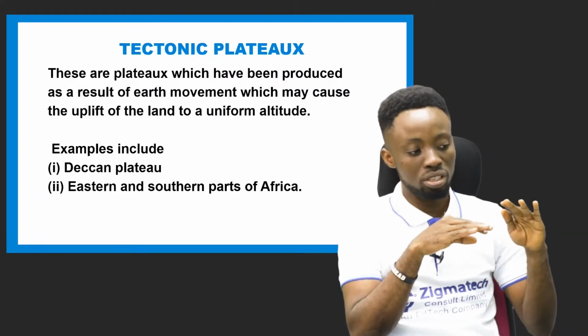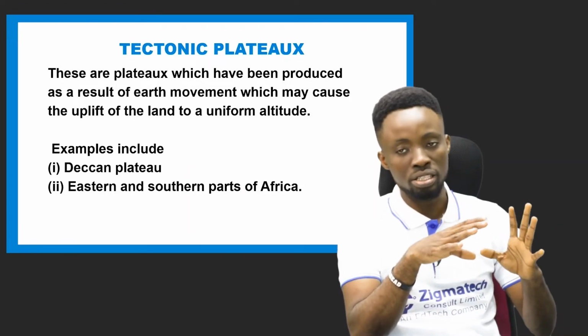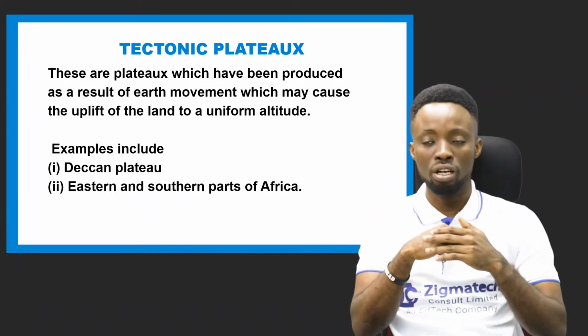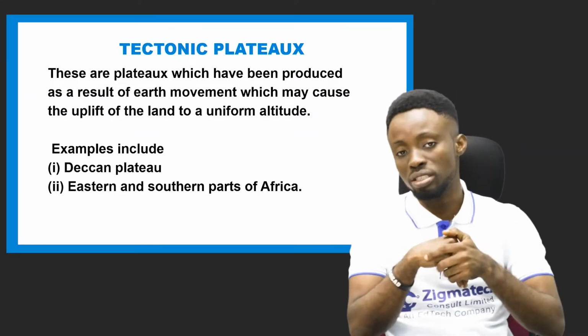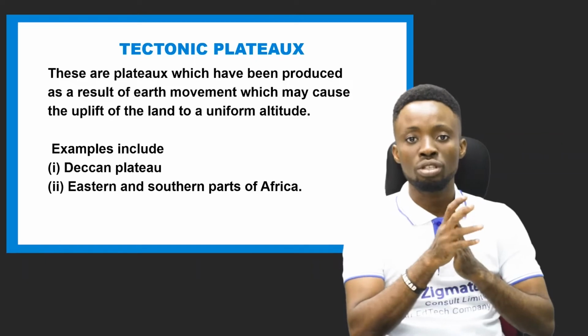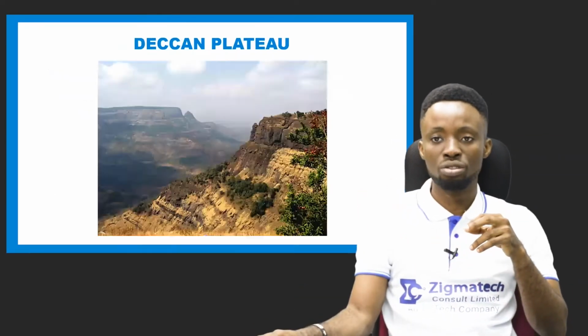Then in parts of Africa, eastern parts of Africa like Kenya, Tanzania, and the rest, we have different tectonic plateaus there. And also in South Africa, we have a whole lot of tectonic plateaus found around such regions.